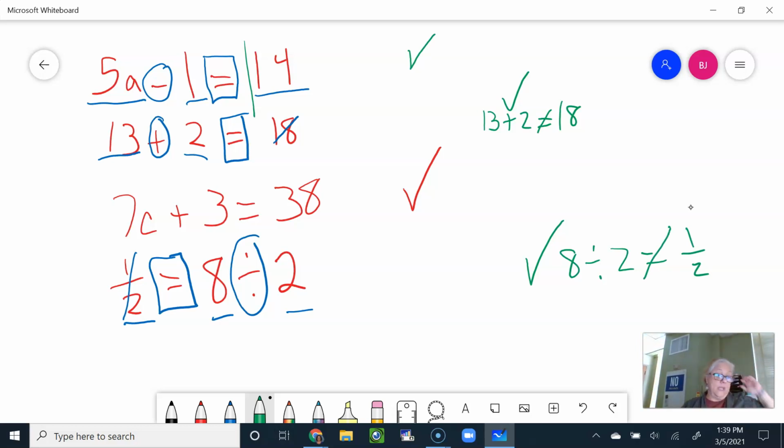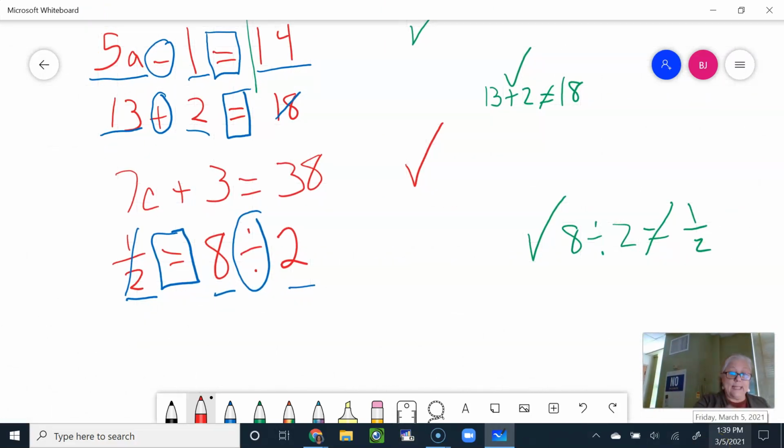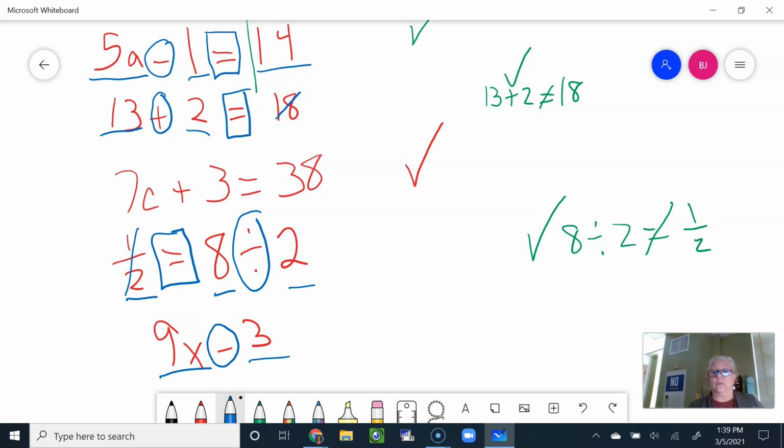Okay? Let's do one more. This will be enough for tonight. Let me move this up a little bit more. Let's say 9x minus 3. Well, this has our term. This has our term. This right here has an operation.